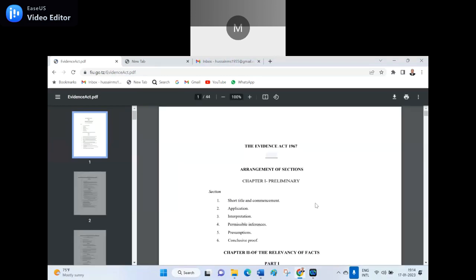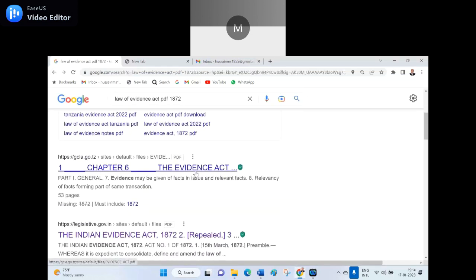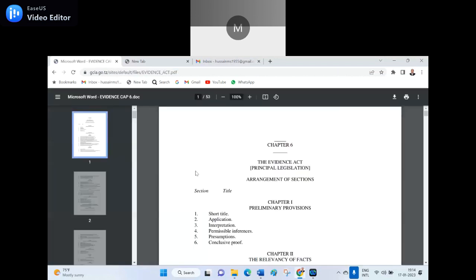Yes, Law of Evidence 1872, Act number 1. No, this is the wrong act. This is the right act. This is also wrong. No, there is no chapter.